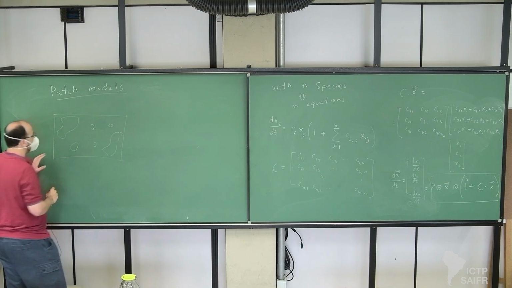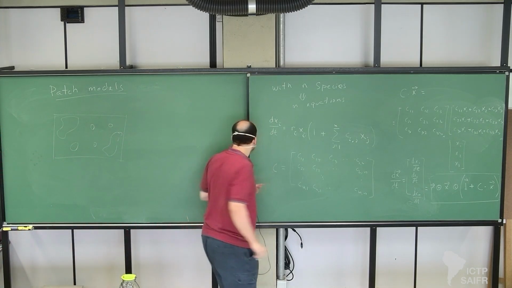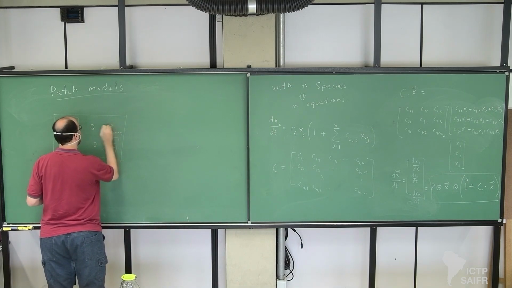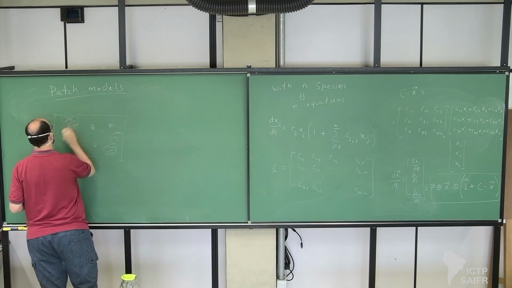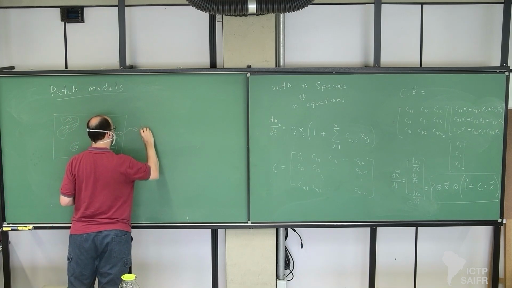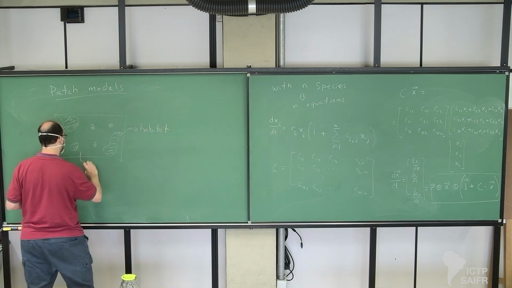And they're separated by regions that are not the same. So these regions over here are habitat. And these regions in the middle here are non-habitat.